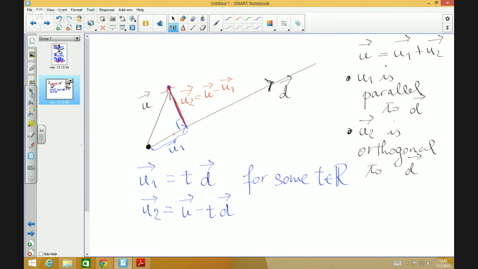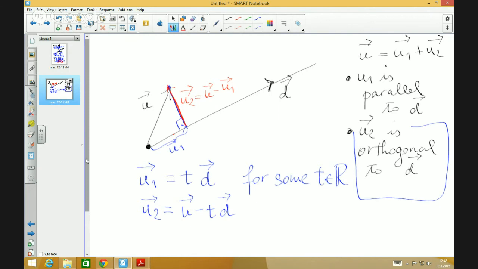But now look at what I said here. One of our items on our wish list was, dear Father Christmas, give me a vector u2 which is orthogonal to d. Well, when is u2, this expression that I just wrote, orthogonal to d? When their dot product is 0.